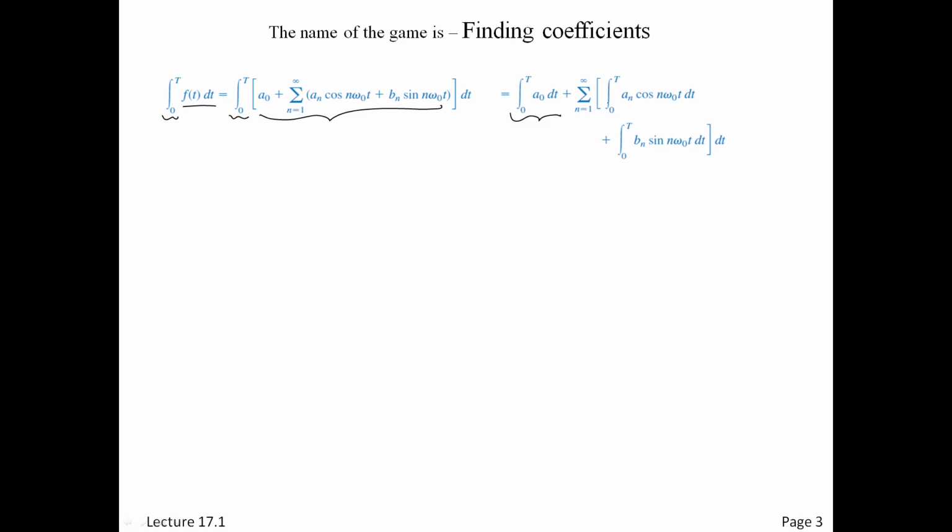And then it's the sum of the integrals over 1 period of all the an cosine n omega t's plus the bn sine n omega t's. But you can sense at this point things mathematically can get dicey in a hurry with all these trig functions and integrals of these and so forth.